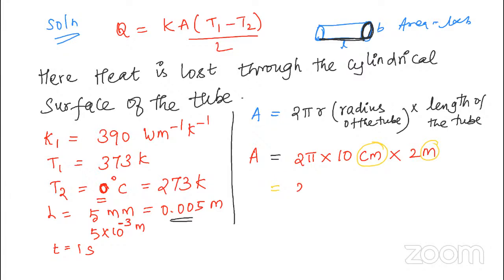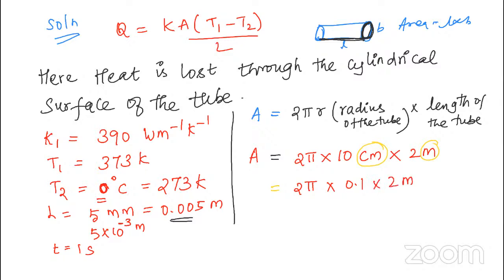So 2 pi into, when converting centimeter to meter, it is 10 power of minus 2. For 10 power of minus 2, 2 digits forward. So for 0.1, simply we write 0.1 meter, and here it is 2 meter.